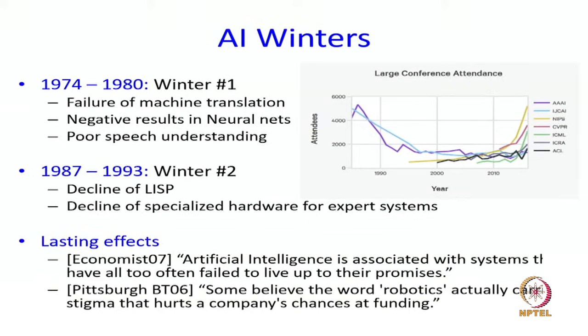And it went down so rapidly that over time it was less than 2000, maybe 1500 people started coming. I remember a time when IJCAI had less than 1000 attendees, and we were very worried that we will maybe even have to close the conference, or we can't fund it anymore.